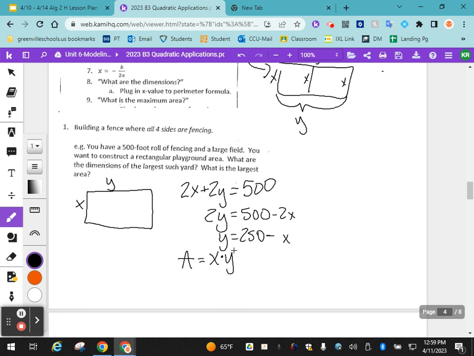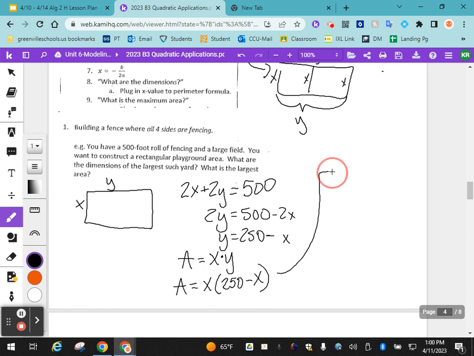So we need to change this y in terms of x. So my area equals x times 250 minus x. Replace your equation of y in here. Now we have a quadratic equation in terms of x that we can find the maximum, or the vertex, of.